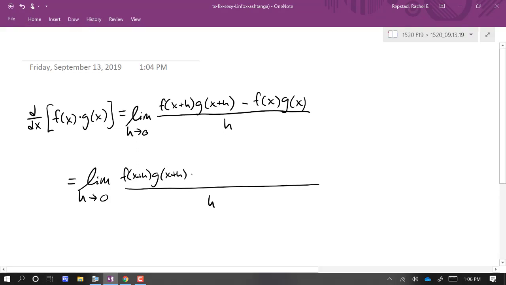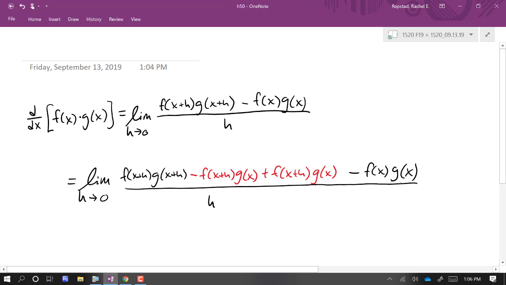I'm going to subtract f of x plus h, g of x, and then add f of x plus h, g of x. Right, so those expressions are equal, because these terms sum to 0.